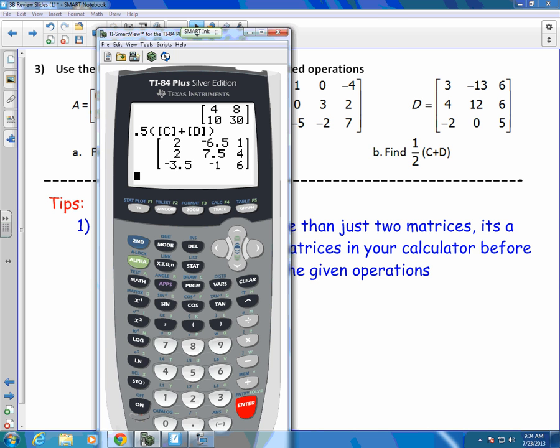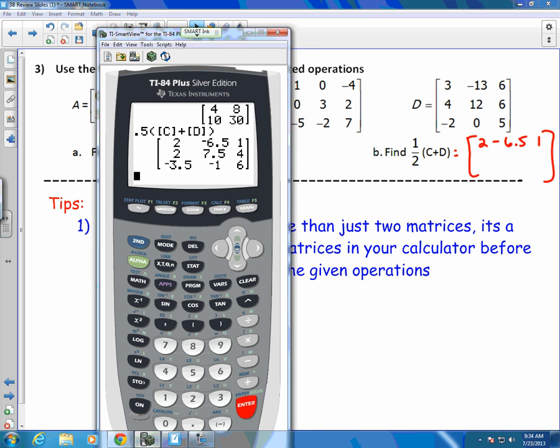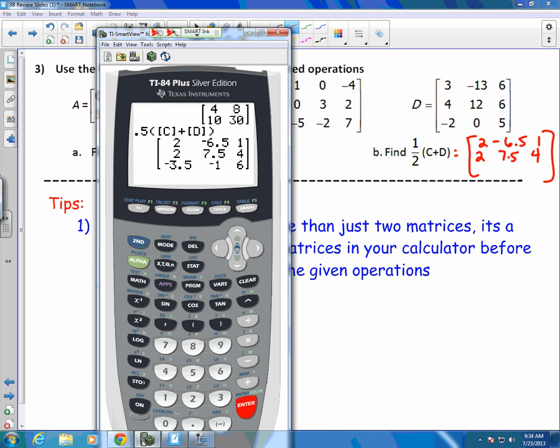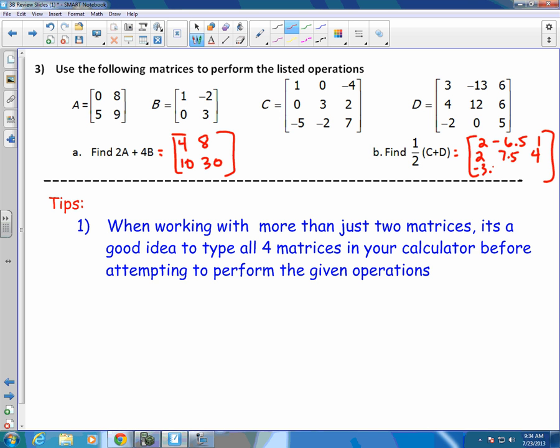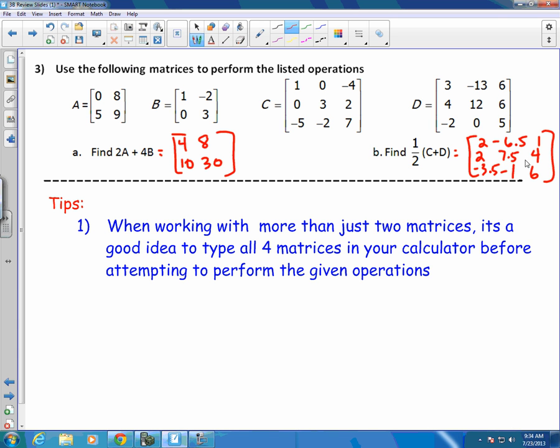So it's going to be 2, -6.51. You're going to get 2, 7.54. And then your last row is -3.5, -1, and 6. So you can see that your answers are given pretty easily by plugging those in from the get-go.